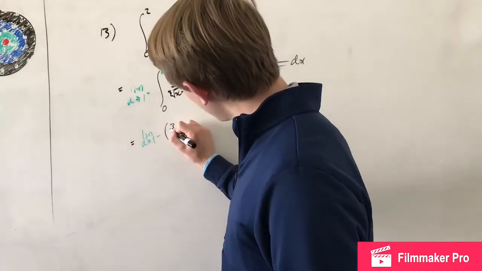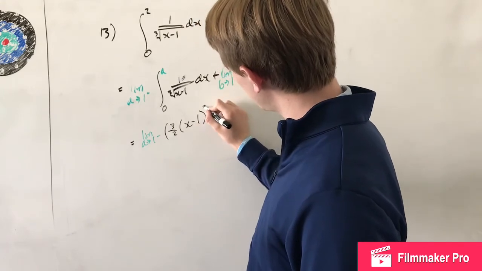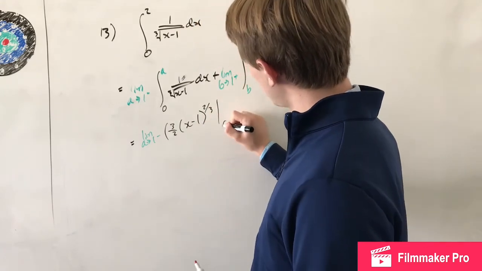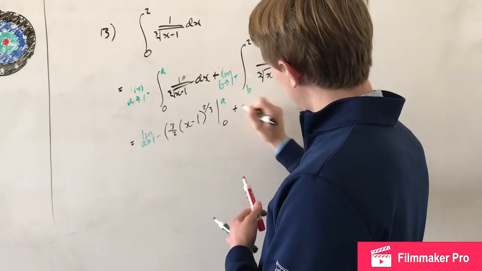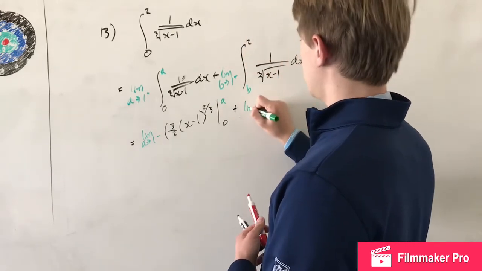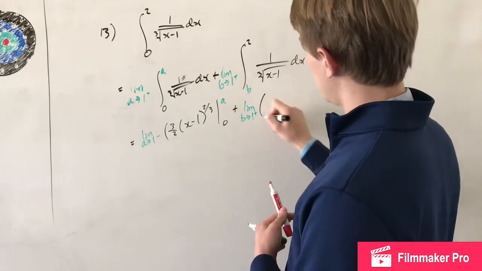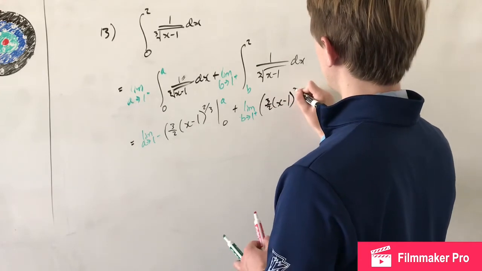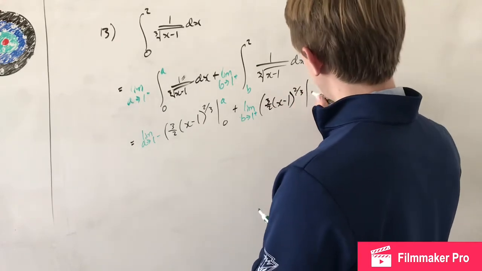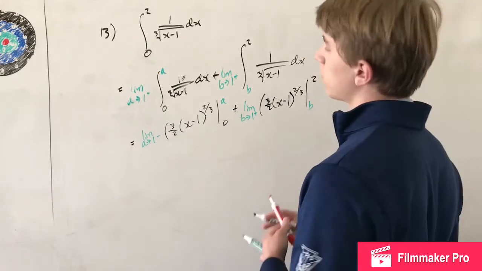Oh yeah, 3/2 times x minus 1 to the 2/3 from 0 to a, plus the limit as b approaches 1 from the positive side of the same thing, 3/2 times x minus 1 to the 2/3 from b to 2.